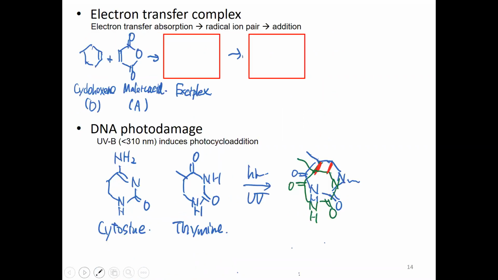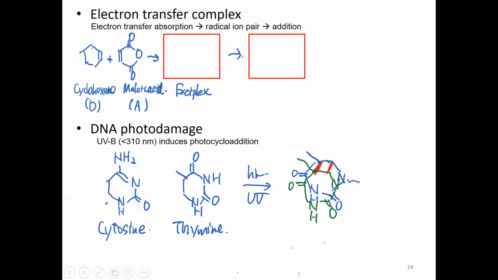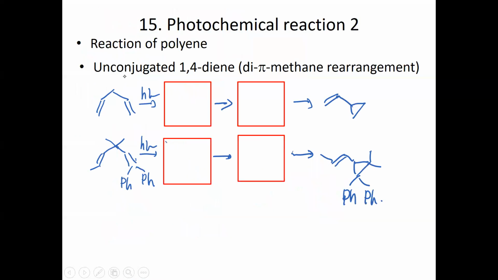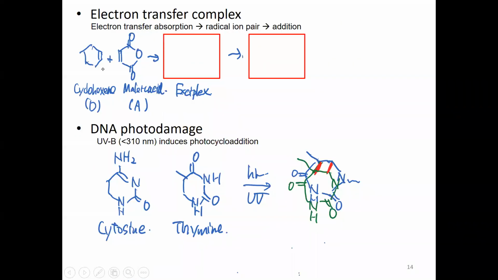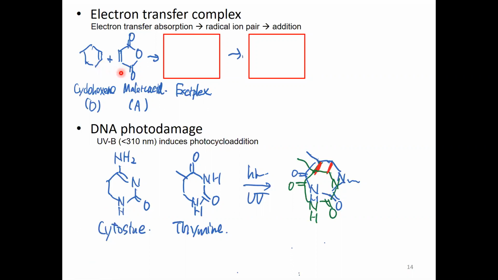And another example here is an electron transfer complex for double bonds. If you have two double bonds, right, and one type of molecule is more electron donating and the other is electron accepting.